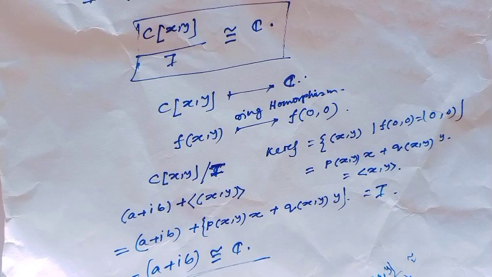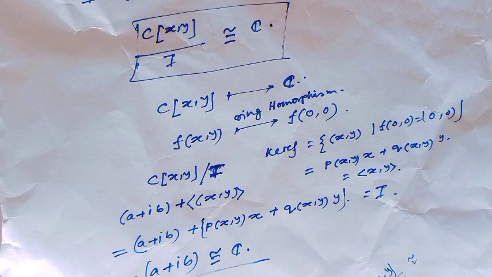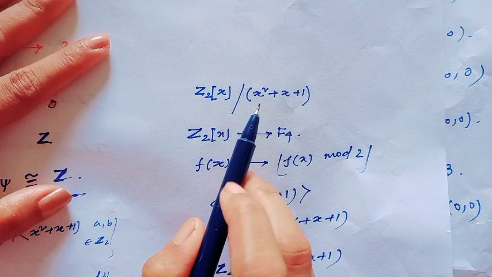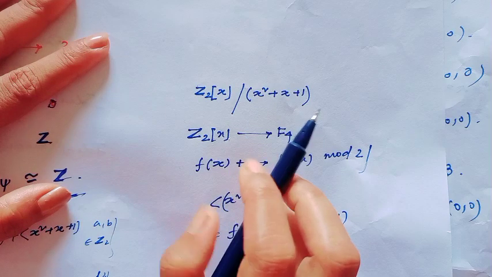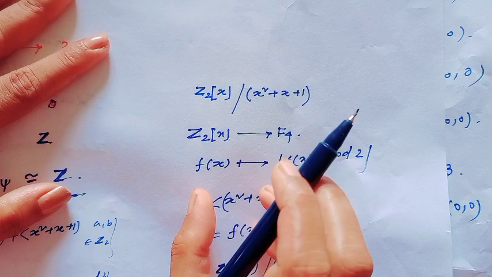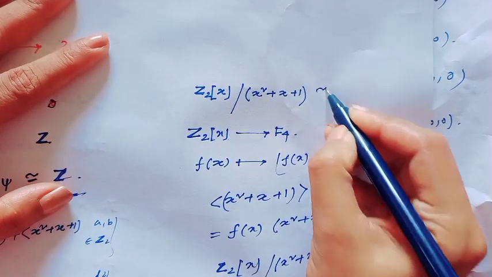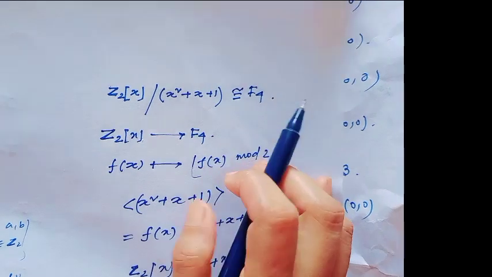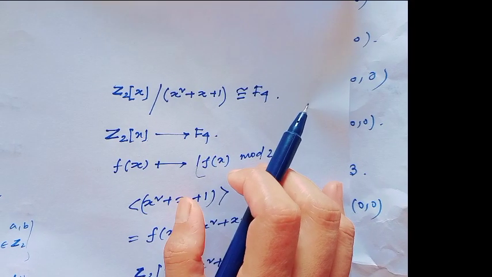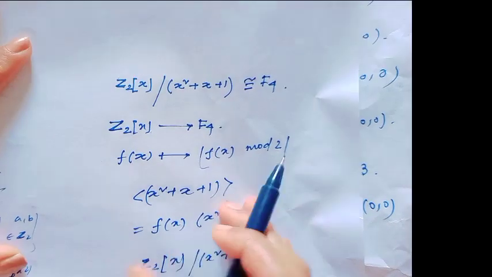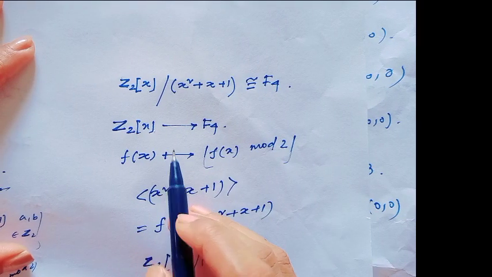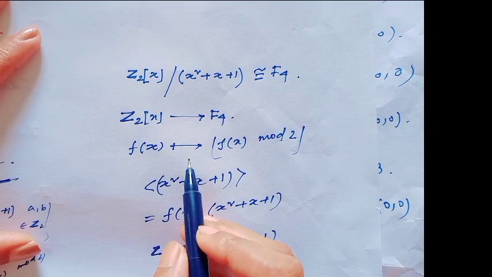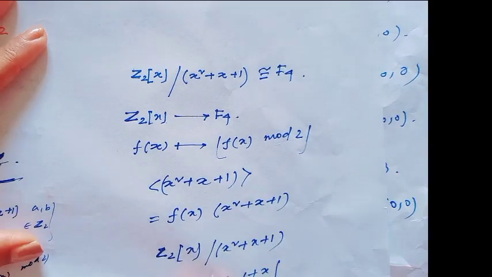This type of quotient ring is actually very important for higher study. I will show another type of quotient ring, Z2[x] modulo the ideal generated by x square plus x plus 1. Obviously, this is isomorphic to F4, and F4 means a field containing 4 elements. For this, consider a ring homomorphism from Z2[x] to F4, and the mapping is of the type f(x) maps to f(x) modulo 2.